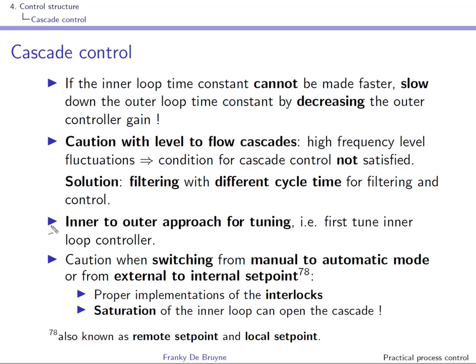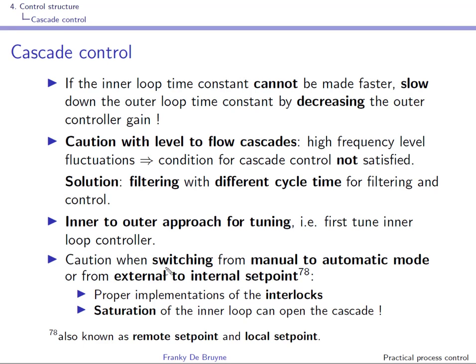If you change the tuning in the inner loop, you change the process seen by the outer controller. So it makes sense to use an inner to outer approach for tuning. You first have to tune the inner control loop, and when you're satisfied, you can tune the outer control loop.